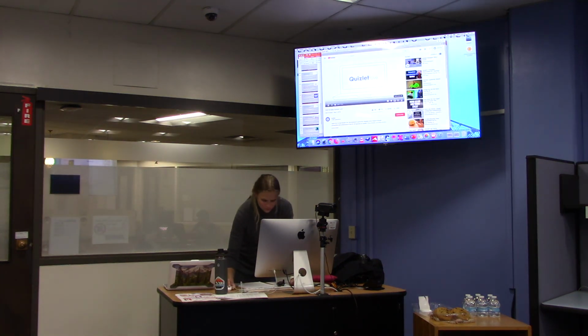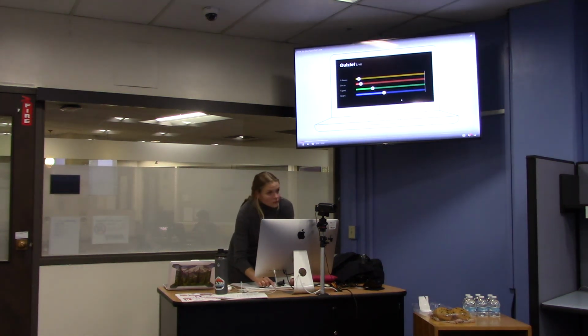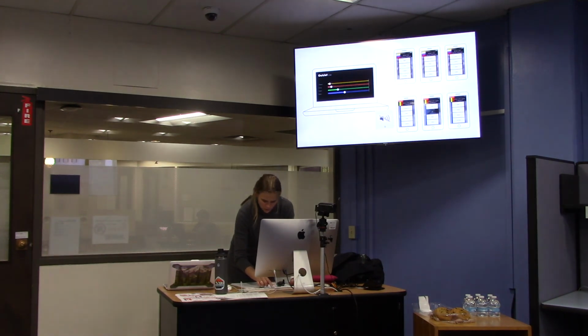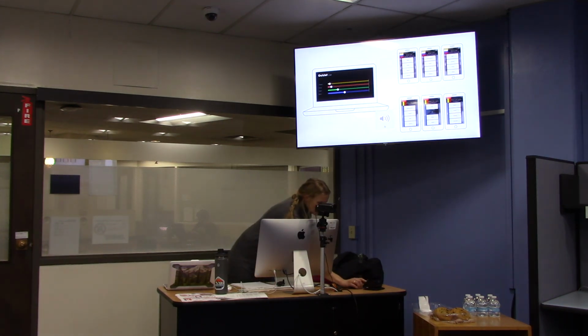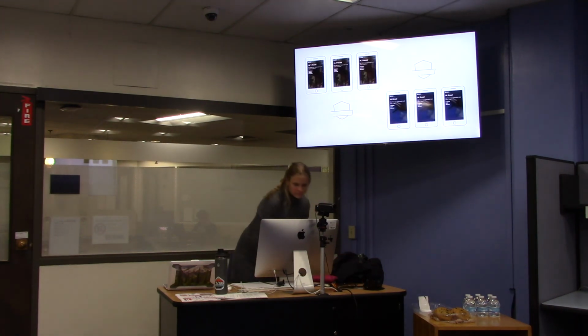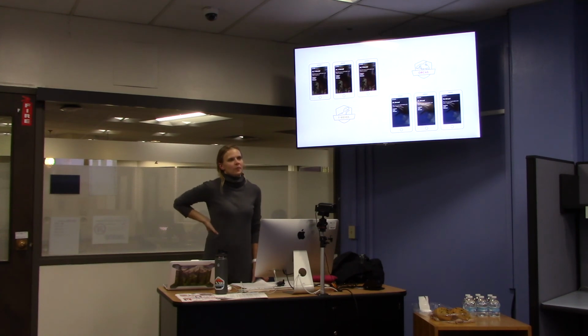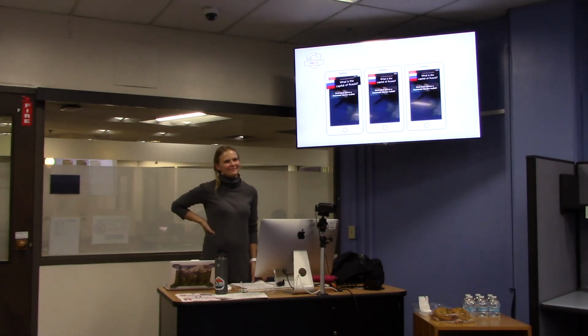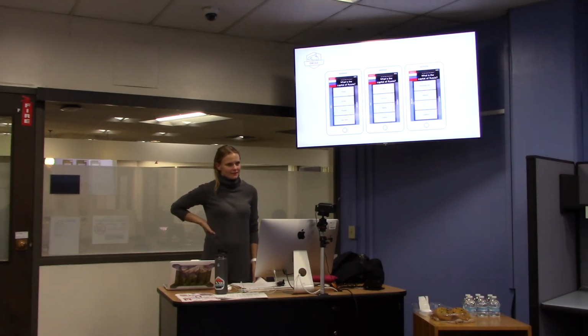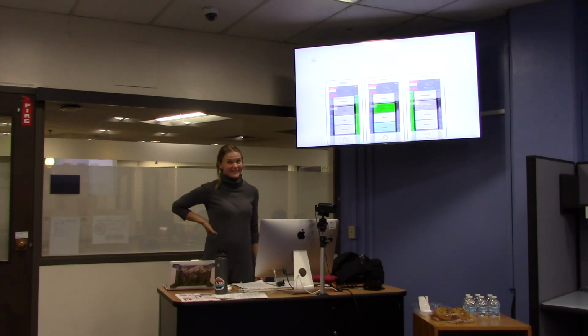Meet Quizlet Live, the easy-to-use classroom game that blends competition and collaboration to engage every student in learning. Quizlet Live groups students into teams that must work together to win. While teams are prompted with the same set of questions, each teammate sees different possible answers, and only one person per team has the match.